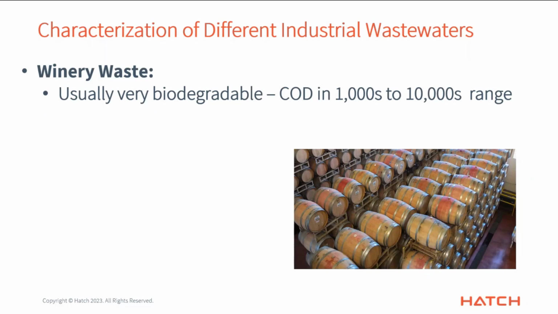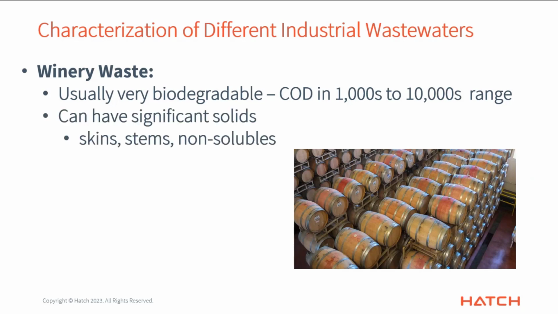We did a project at Hydromantis about 10 years ago, and in that particular case, there were a lot of solids in the waste stream. It included the skins of all of the grapes and the stems and everything else that wasn't the liquid they squeezed out.